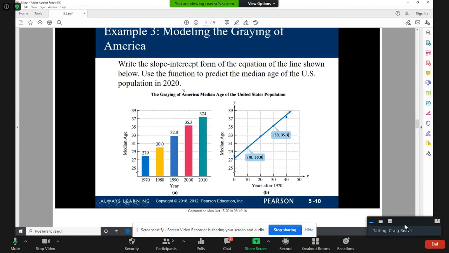So we've got the 2 points, (10, 30) and the other point is (30, 35.3). Okay, and they want to know an equation to predict the median age of the U.S. population in 2020. So we've got to come up with an equation.